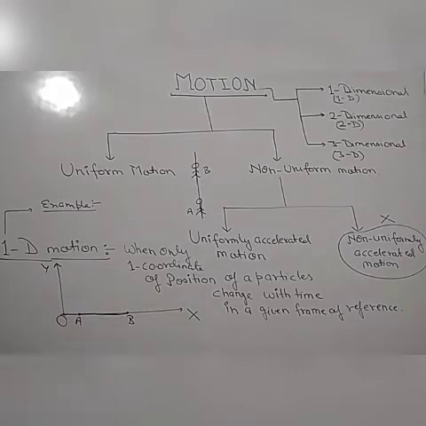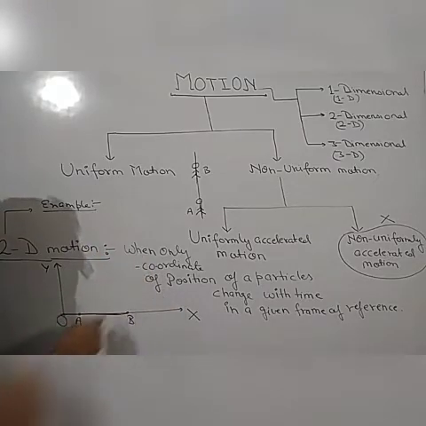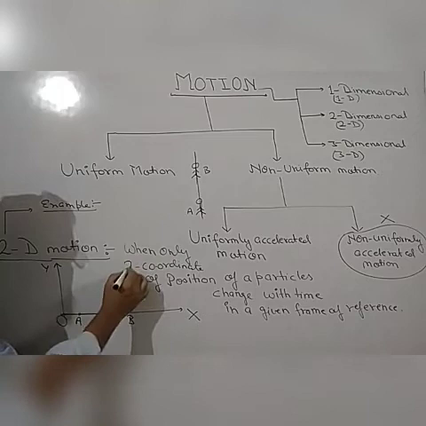Now the second one is two-dimensional motion. So what will be two-dimensional motion? Second one is 2D motion. So what will be its definition? When in one dimension it was one coordinate, in two-dimensional it will be two coordinates.